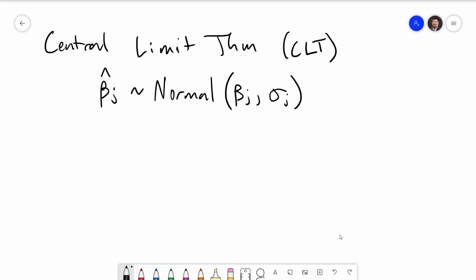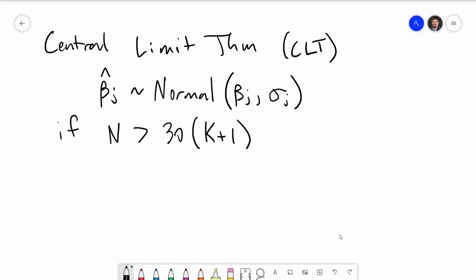The CLT states that our estimates have this kind of distribution if the sample size, which we denote n, is sufficiently large. A good rule of thumb for how large is large enough is n is greater than 30 times k plus 1. The idea behind this is that we need at least 30 observations per parameter we are estimating.